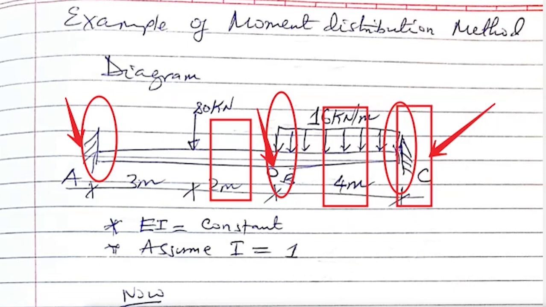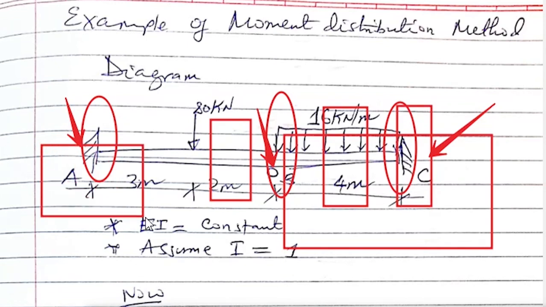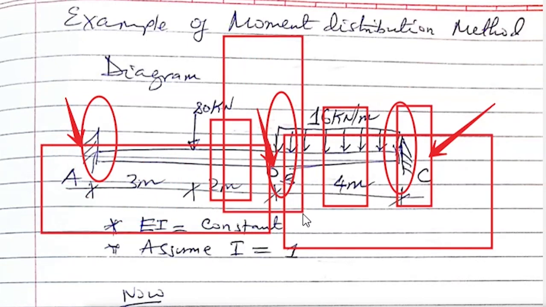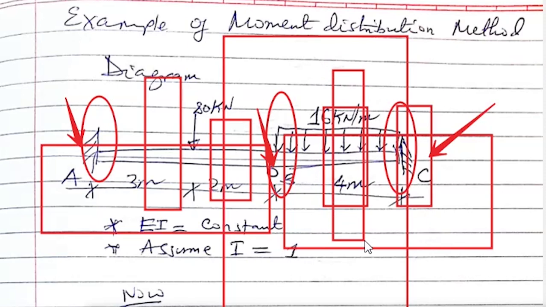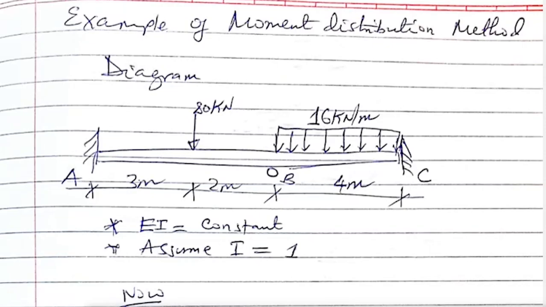It is a function of only one length, between B and C, and the same for joint A, which is a function of the length between A and B. Joint B is multiple: this one and this one has got two members supported from one point. So now let's proceed.